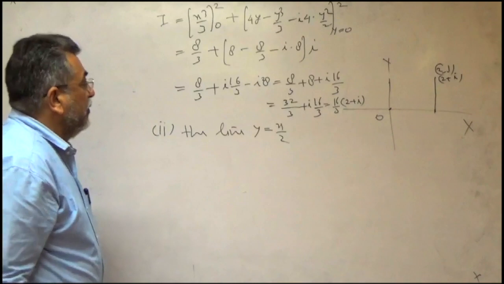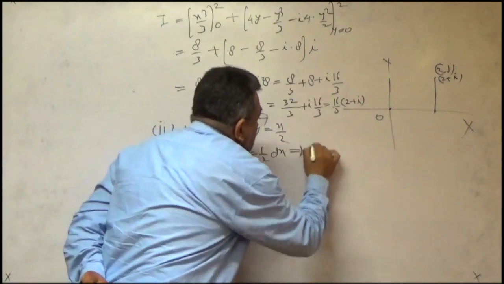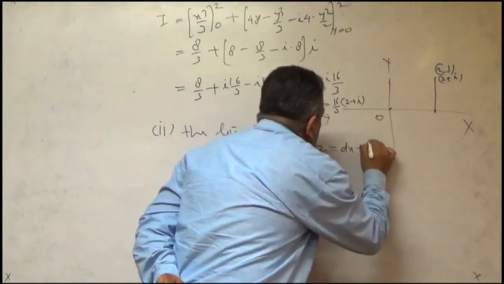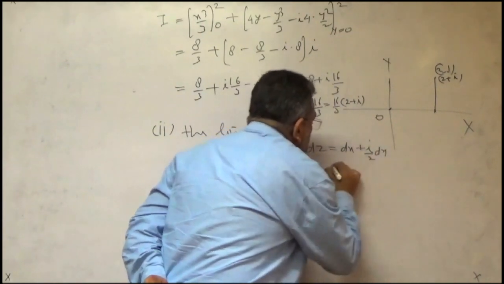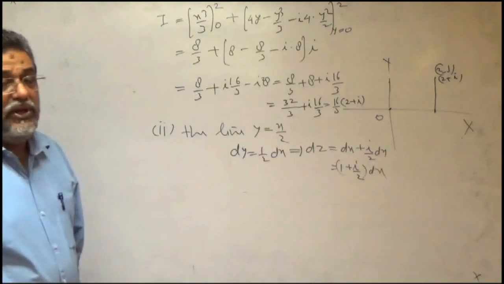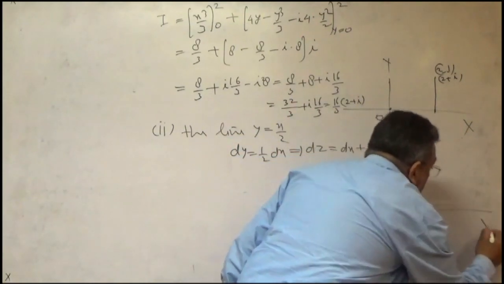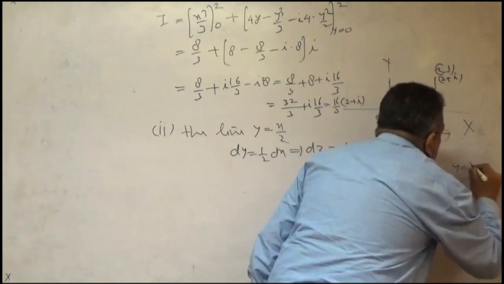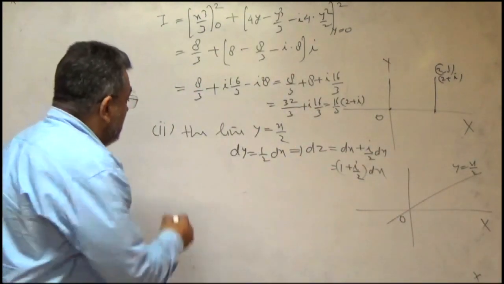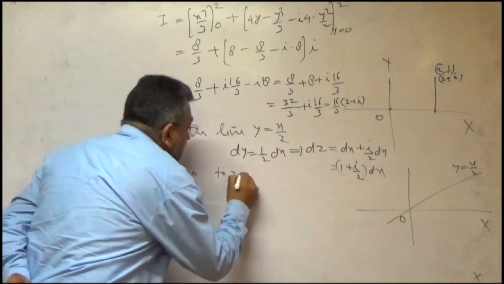Then y equal to x by 2, then dy equal to 1 by 2 dx, and this implies that dz equal to dx plus i by 2 dx, that is 1 plus i by 2 dx, which means the integral of dz is converted into dx. And this is the path, if we take the z plane, y equal to x by 2, from z equal to 0 to 2 plus i.